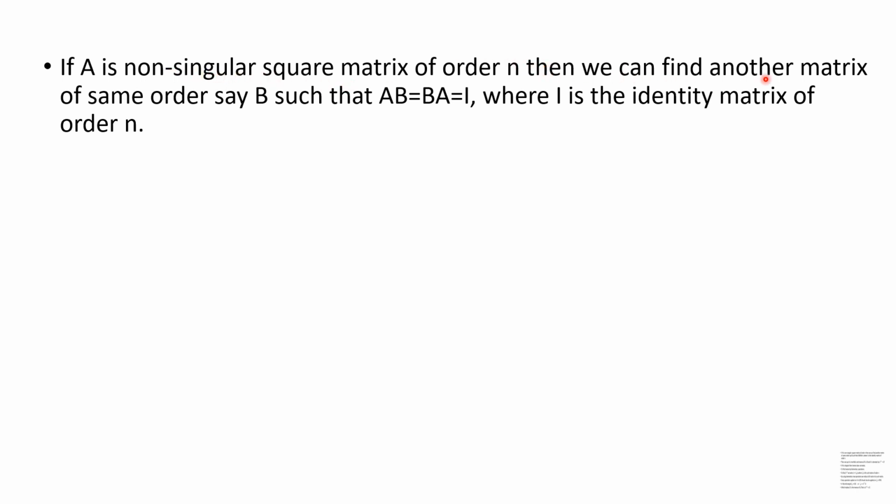Then we can find another matrix. So if A is any non-singular matrix, then only its inverse exists. The inverse of that matrix is again another matrix.